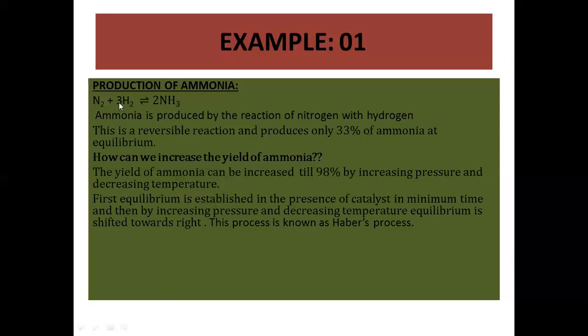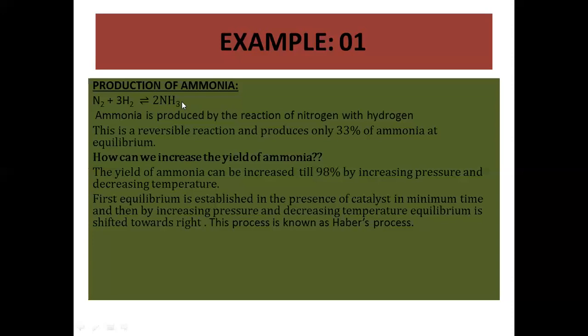And by decreasing temperature, this reaction is an exothermic reaction, and you know that the forward reaction is exothermic. If the forward reaction is exothermic, then it will go in the forward direction if we decrease the temperature, because an exothermic reaction is favored only at low temperature.